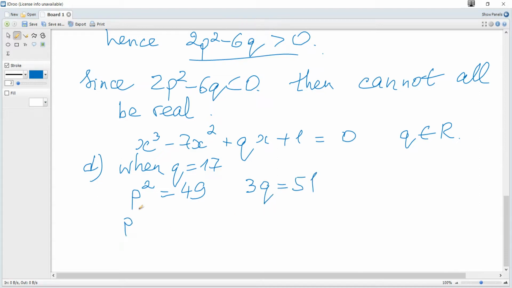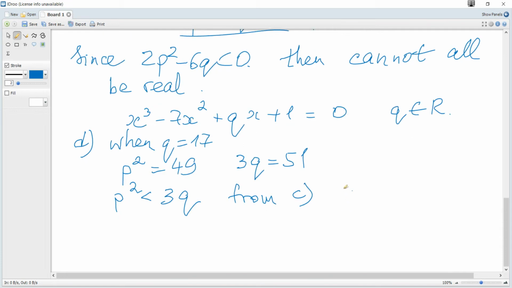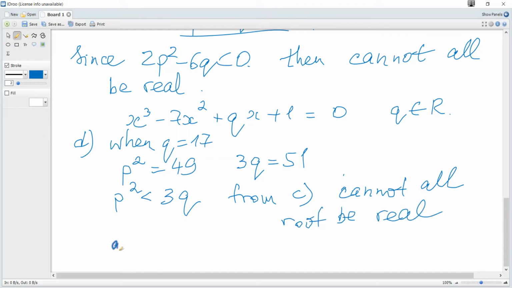Hence p squared is less than 3q, and from part C it's a condition that not all roots can be real, and it means at least one root is complex.